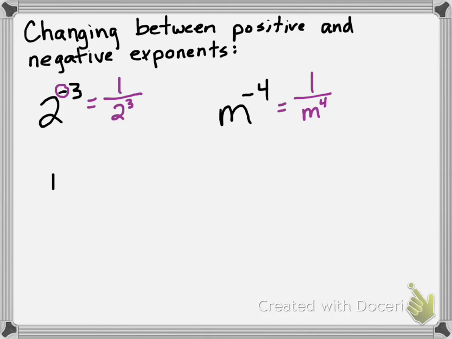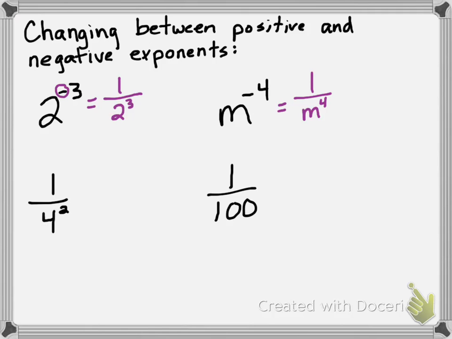Okay, now let's look at going the other direction. Now we're going to try to change positive exponents into negative ones. So I have 1 over 4 to the second power. Well, as you probably noticed, this 4 to the second power is in the denominator.